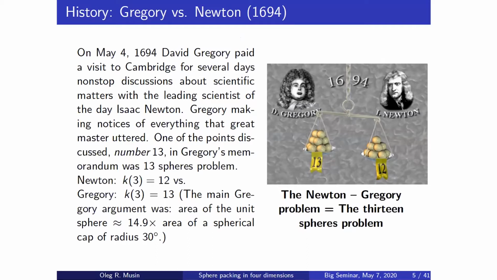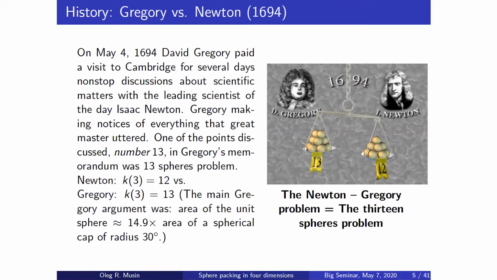There are arguments by Gregory, who divided the area of a sphere by the area of spherical caps of radius pi over 3, and he obtained 14.9.